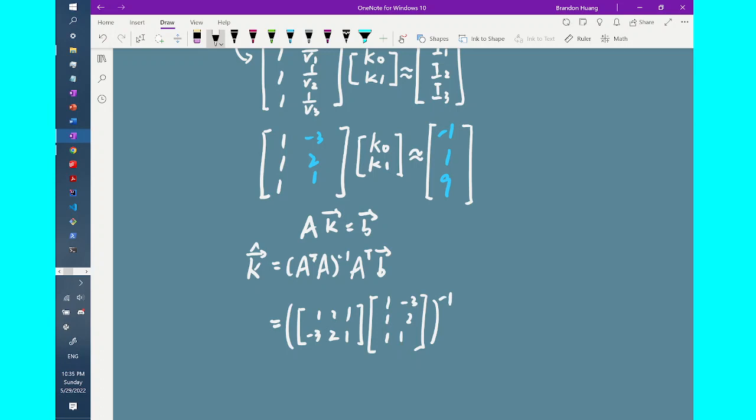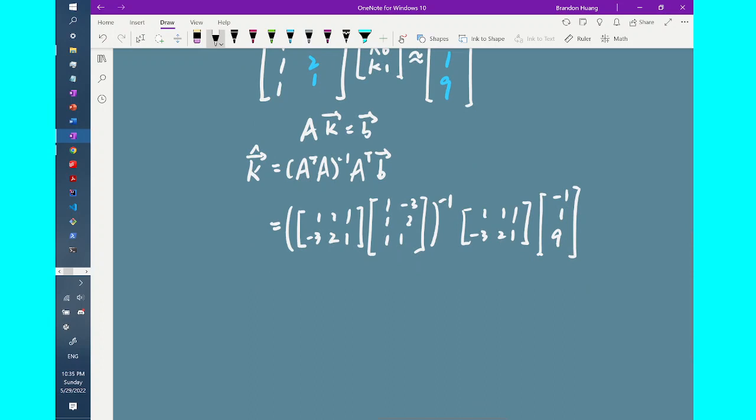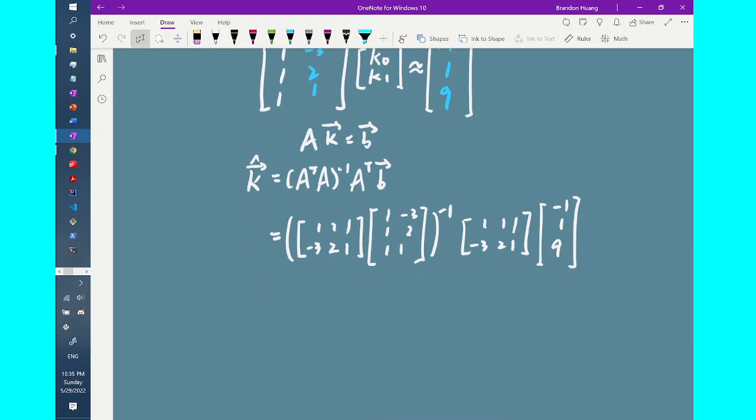And then I also have A transpose, which is 1, 1, 1, -3, 2, 1. And then I have, last but not least, the B vector, which contains the currents. So -1, 1, 9.